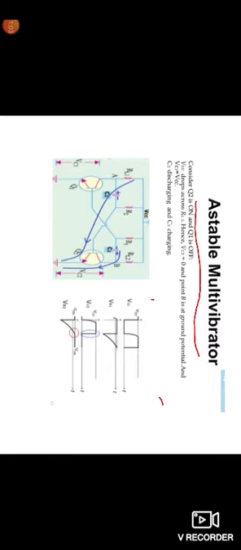This is the case. Here Q2 is in the on state, so all the ground terminals are connected to transistor Q2. Here C1 is the charging capacitor, and C2 is the discharging capacitor.